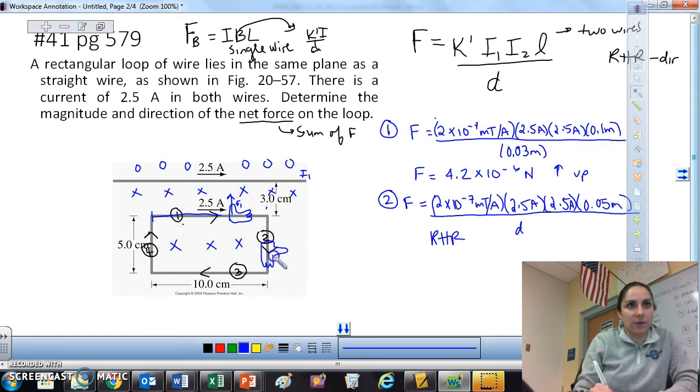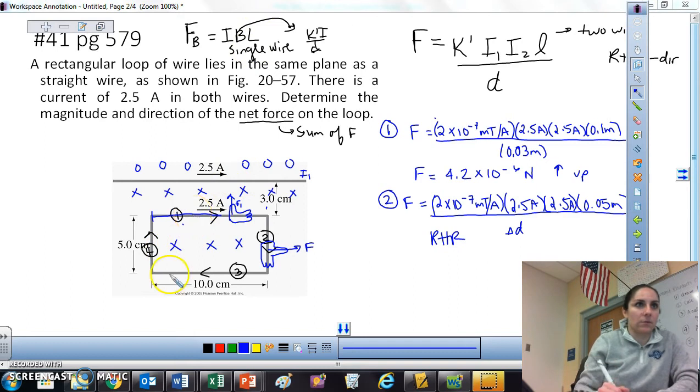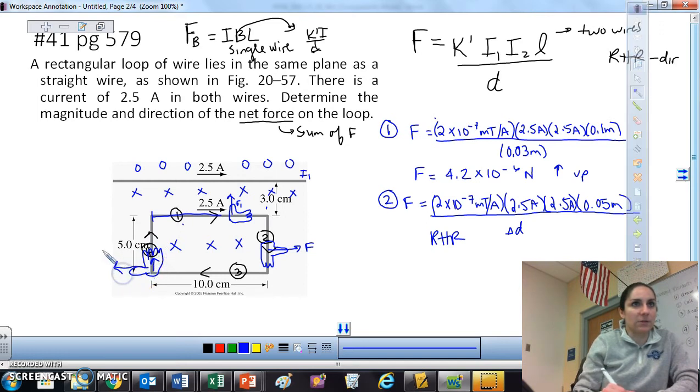My thumb goes this way, so my force will be in this direction here, even with the crazy D, because this is technically a changing D. If I do the same thing on the other side, my fingers line up with the current, my palm is into the page, so my hand looks like this. My thumb actually goes this way with my fingers going up. So my force on segment 4 is actually this way.